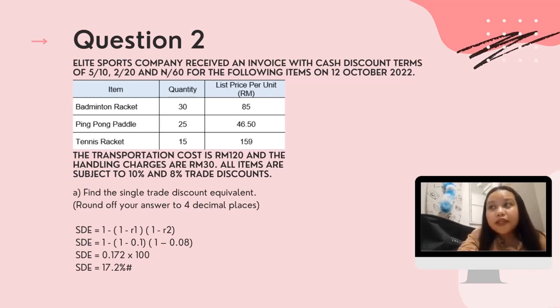The next is SDE equals 1 minus open bracket 1 minus 0.1 close bracket, and open bracket again 1 minus 0.08 close bracket. And you will get SDE equals 0.172, and don't forget to multiply by 100. And you will get the final answer, which is SDE equals 17.2%.